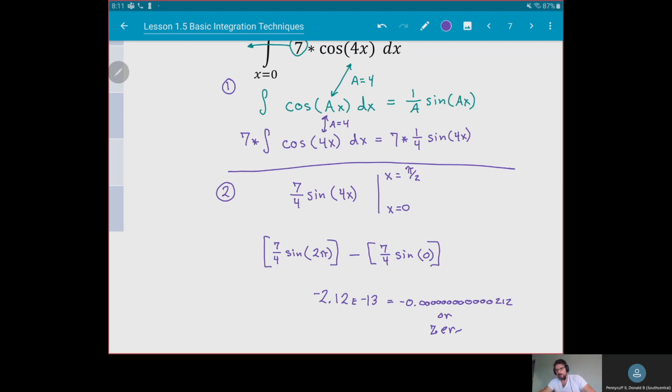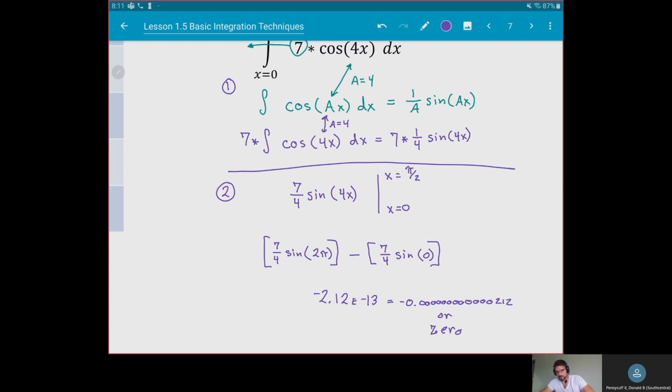Now, the reason why I simplified that to 0 is because sometimes, and we'll talk about this later on in the semester, your calculators have trouble with trig, and they don't give you the exact answer, especially when it comes out to be 0. You end up with silly stuff like this. Newer calculators are better, but especially the older calculators, they do not handle that well.